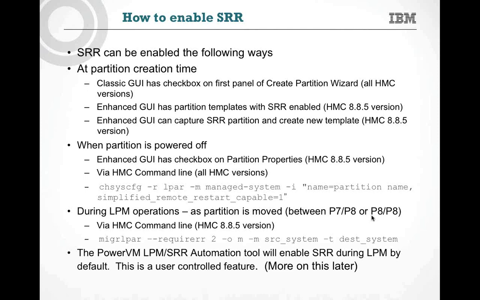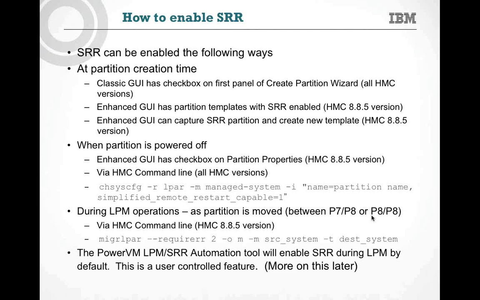So if you're migrating all your LPARs from P7 to P8, set require RR to 2 there, and then when you LPM it from your P7 to P8, your SRR will be enabled. Another way to do it: we're going to talk later today about this automation tool that a couple of people and I have developed, which is used by over 160 customers worldwide.